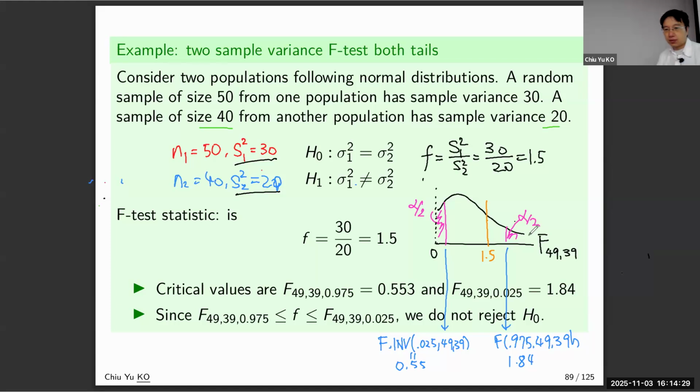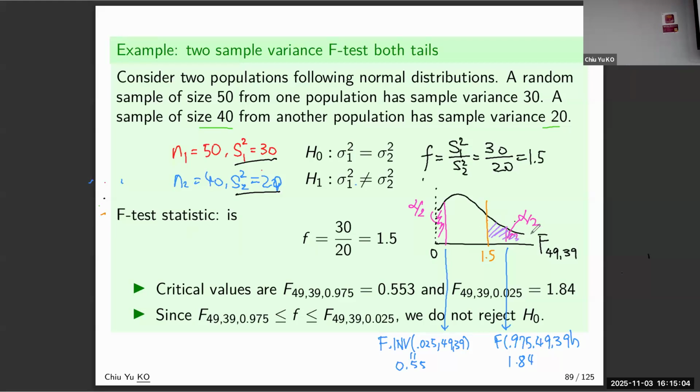But if you want to use the p-value method, that is a little bit complicated, because the F is not symmetric, it has a weird shape. So the p-value method involves the following. You need to calculate this area to the left or to the right. Pick the smaller side, multiply by 2.